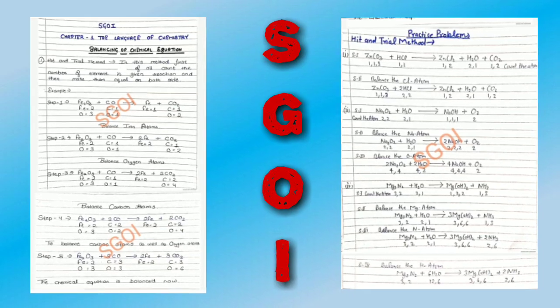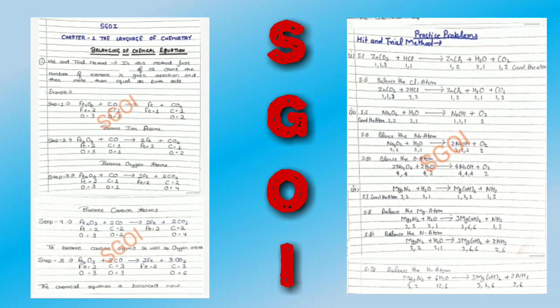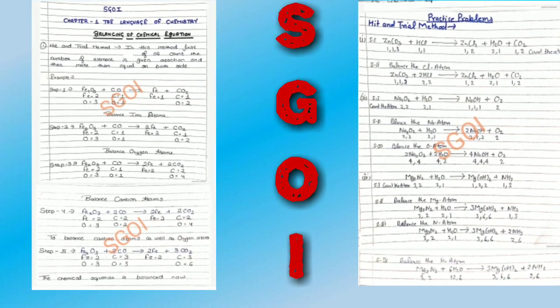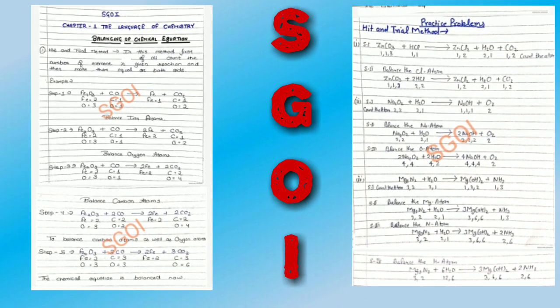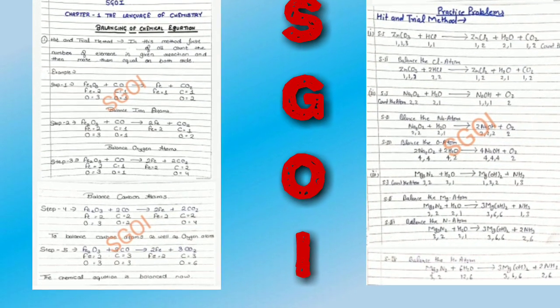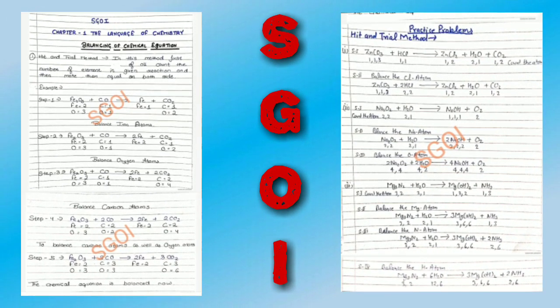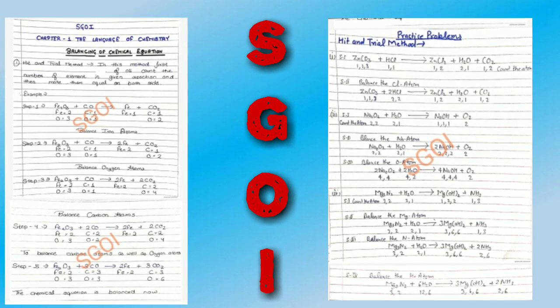Now the second example is Na2O2 + H2O gives NaOH + O2. Now step 1, count the atoms. 2, 2 is sodium and oxygen, 2, 1 hydrogen, oxygen.